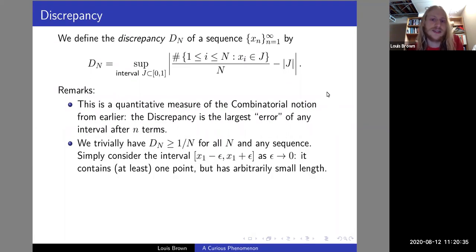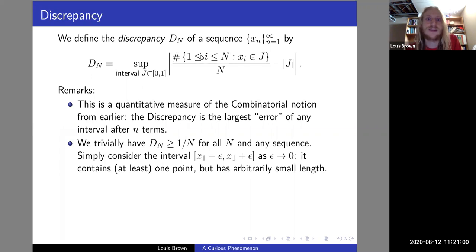The way we can see this is if we make a very small interval around the point x_1, so (x_1 minus epsilon, x_1 plus epsilon), and we let epsilon go to 0, then all of these intervals contain at least 1 point. It might be that our sequence is doing a bad job of being regular and picks the point x_1 multiple times, but this certainly contains at least 1 point while it has arbitrarily small length.